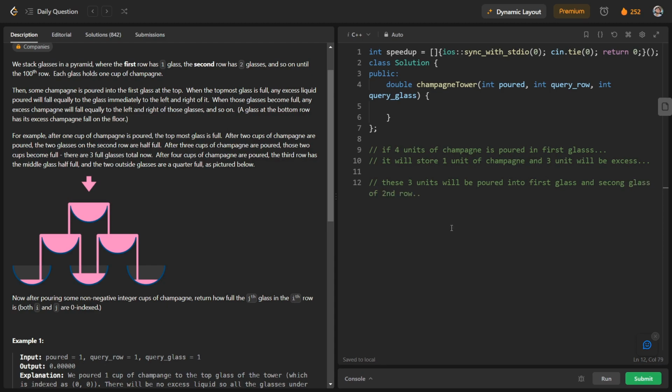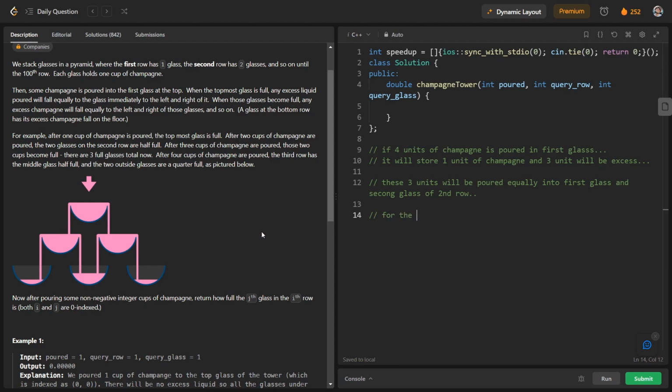Okay, so you can see that these 3 units will be poured in an equal manner. Equally these 3 units will be poured into the first glass and second glass of the second row, and you can see that each glass of this row will again store 1 unit.